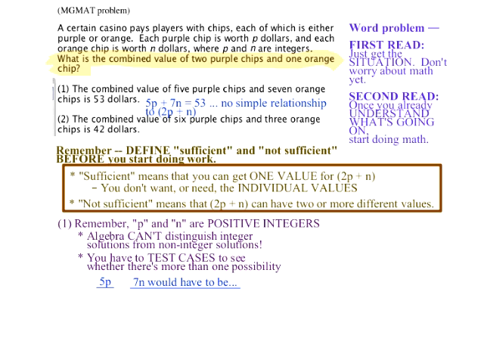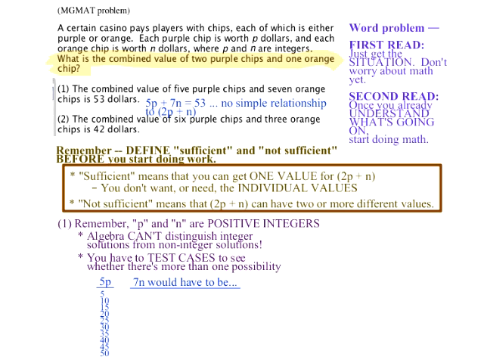So 5P has to be 5 or 10 or 15 or 20 or 25. There's a typo there. I'll fix it in a second. But basically, you know that 5P has to be one of those values in that list, because those are all the 5Ps that you can have under $53.